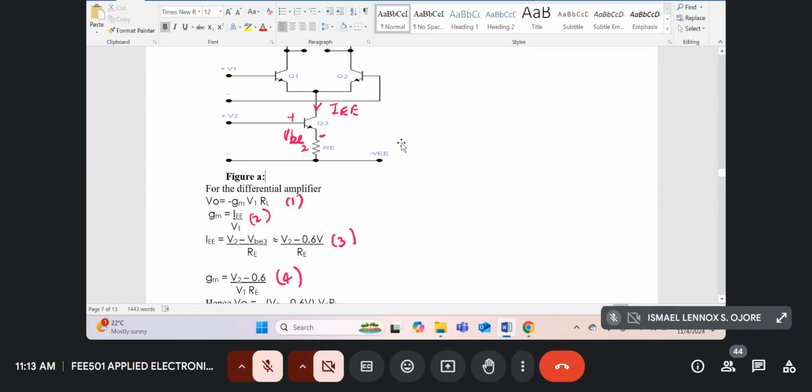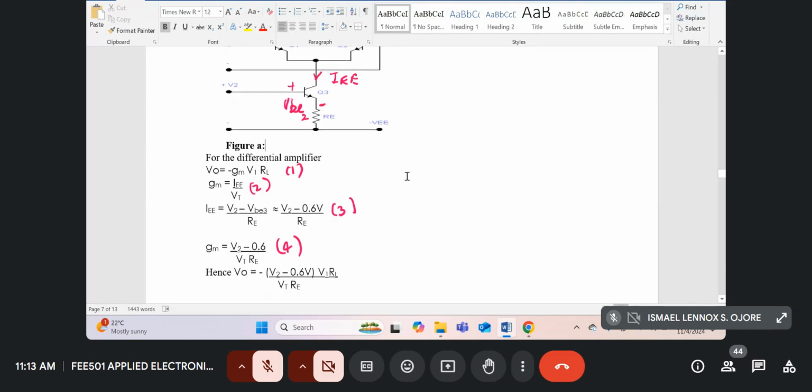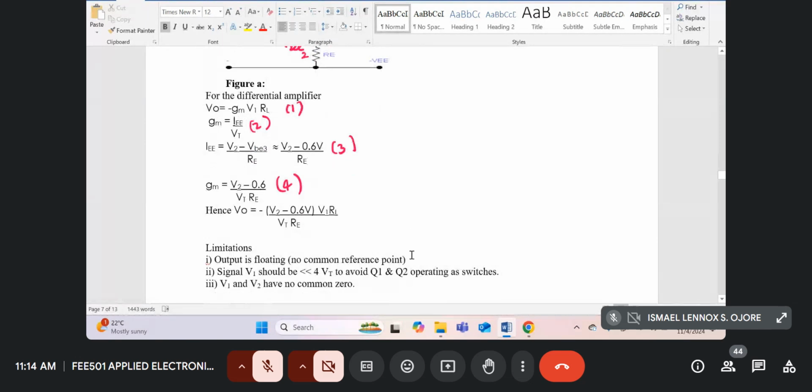So how GM varies is equal to V2 minus 0.6, all divided by VT into RE. And therefore V0, using equation 1, is just minus GM, where GM is the whole of 4, into V1 into RL.